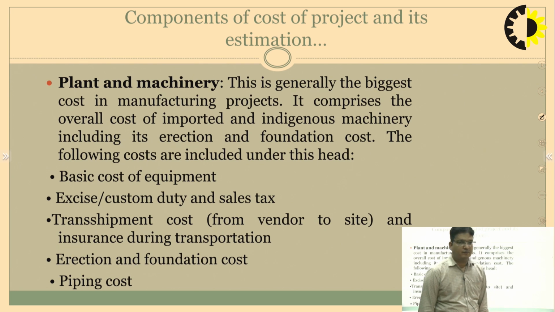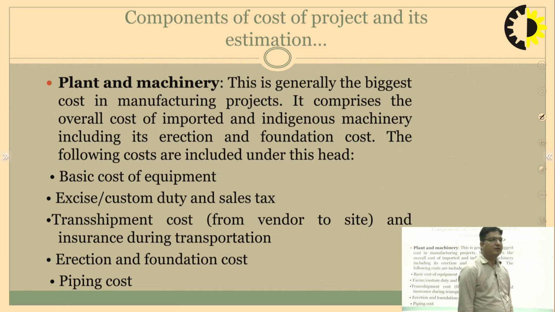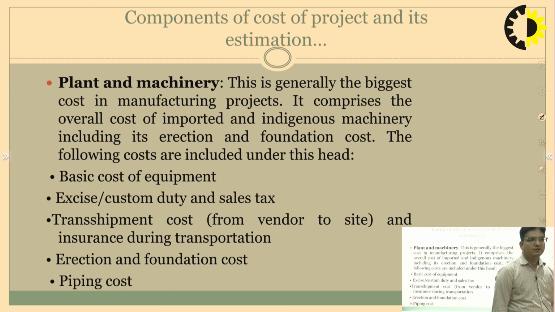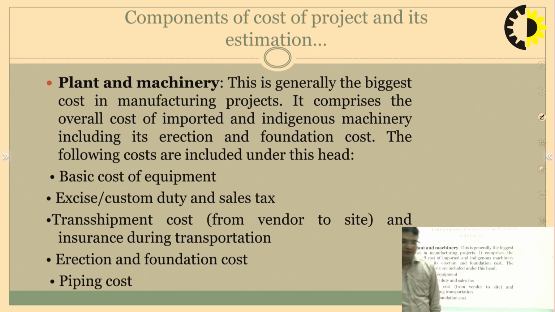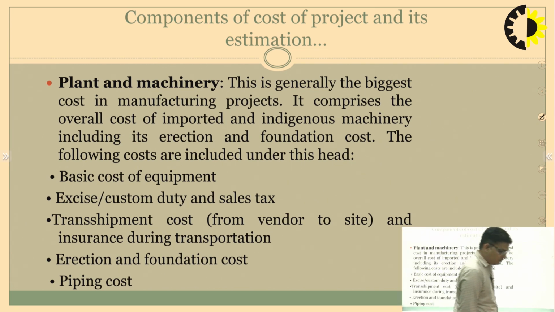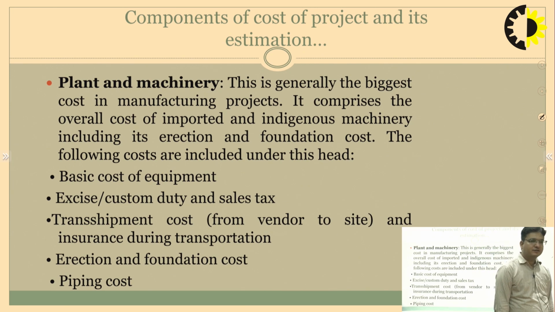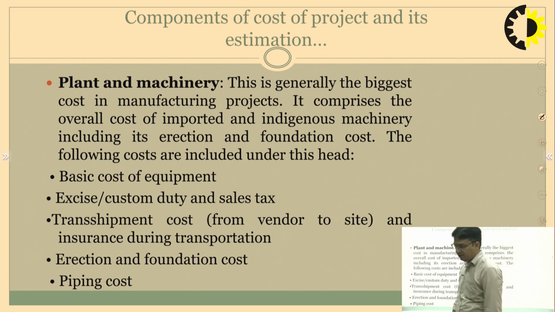Next is erection and foundation cost. This is the expense that occurs whenever we need to fix our new machines. We need to have its proper foundation, we need to erect it, and the machine has to be kept over that foundation. So, the costs will be incurred in that step. Then the piping costs will be required.